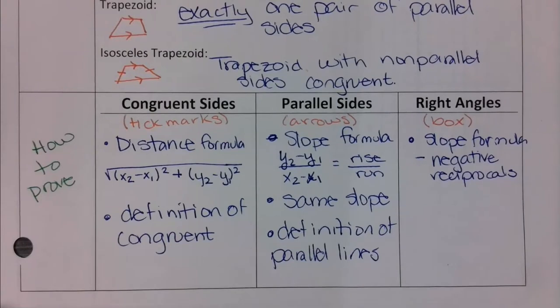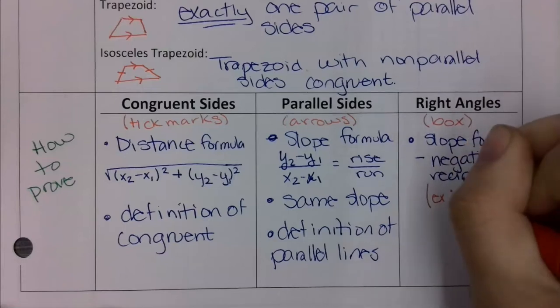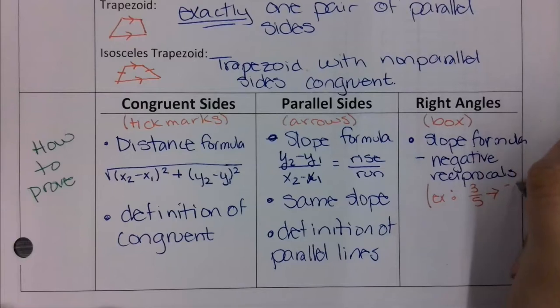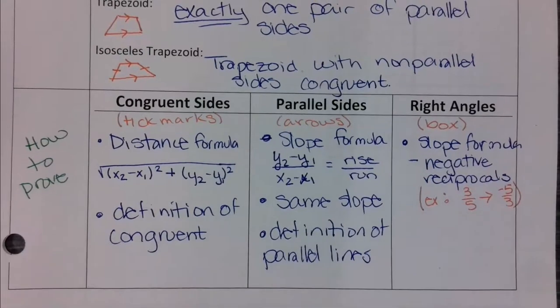So these are the things where they're opposite fractions. So if I had positive 3/5, the negative reciprocal would be negative 5/3. So you take the fraction, flip it, and change the sign.